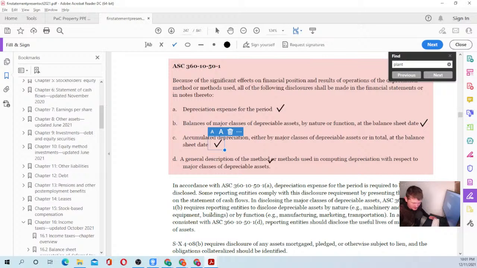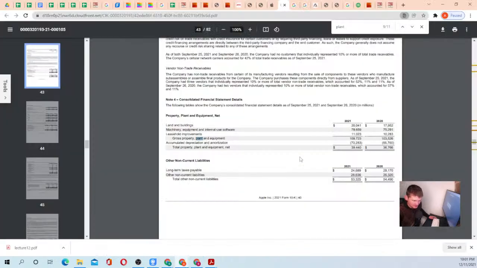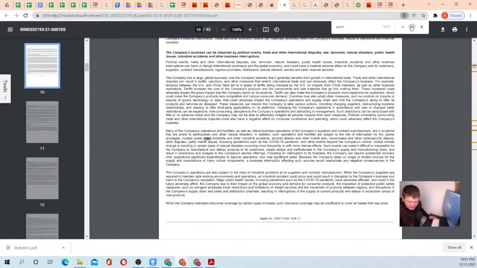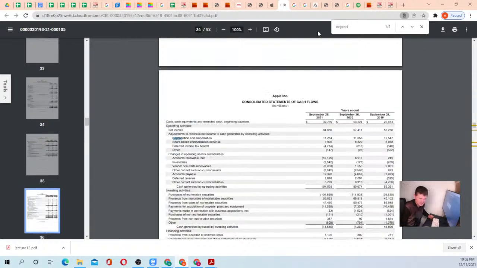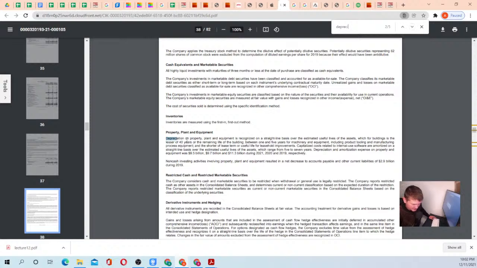A general description of the method or methods used in computing depreciation with respect to major classes of depreciable assets. Let's see if we have it in policy. Not many mentions of depreciation. Depreciation on property, plant and equipment is recognized on a straight line basis over the estimated useful life of the assets, which for buildings is 40 years and so on.